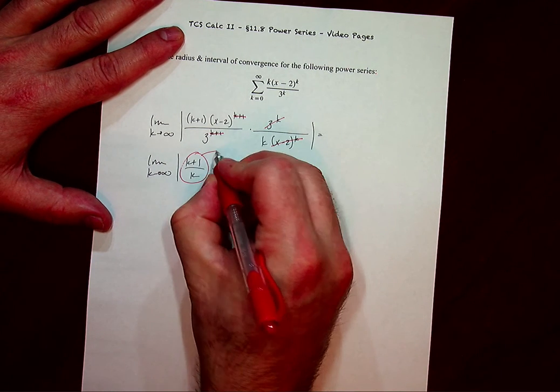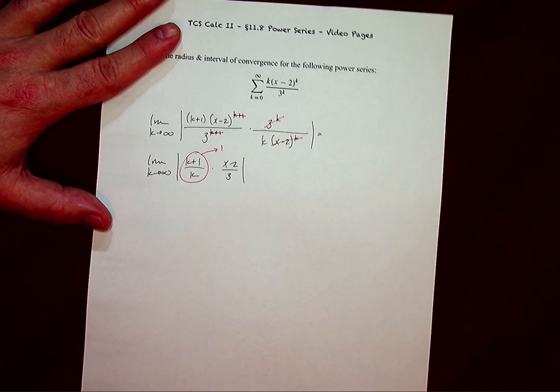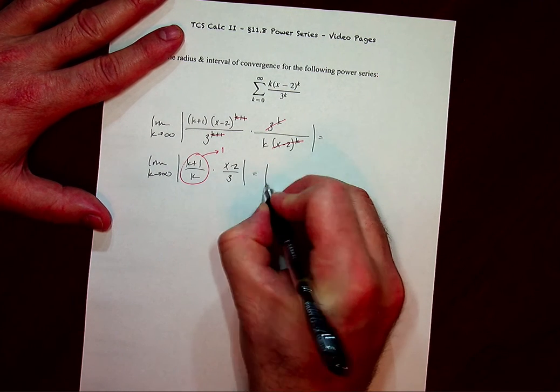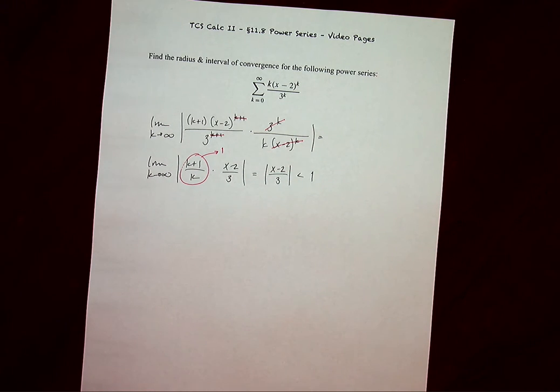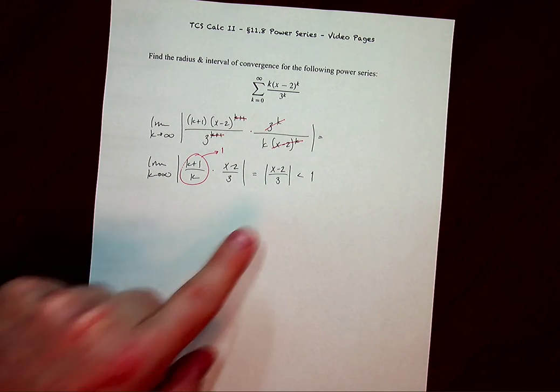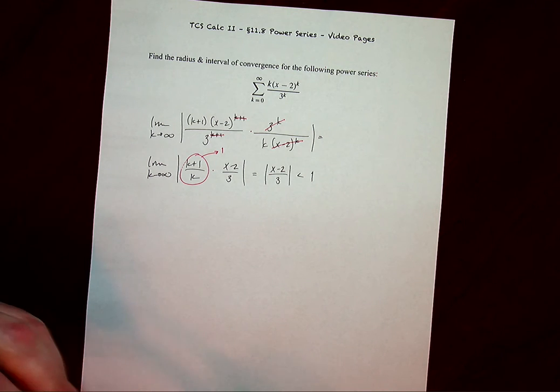This right here goes to 1 as k goes to infinity. So what you now get is x minus 2 over 3 is less than 1. Well, when does that happen? Well, the great thing about that 3 is this gives us also our first example of one where the radius of convergence is no longer 1.